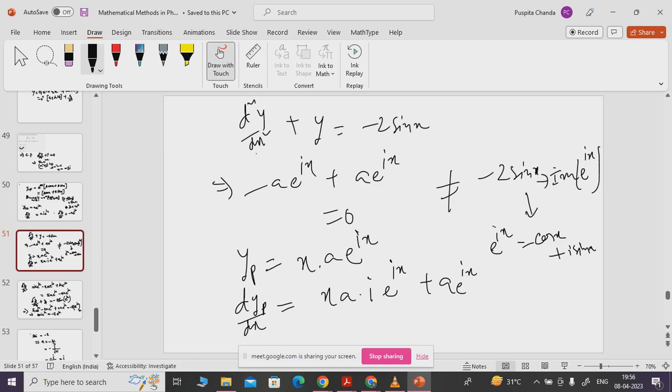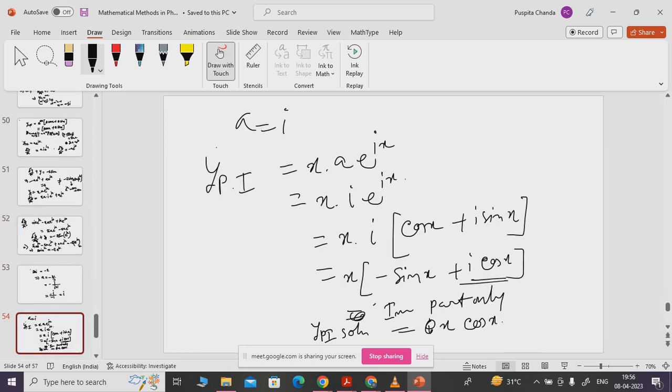Yes, that's why I have only taken the imaginary part after the calculation here.